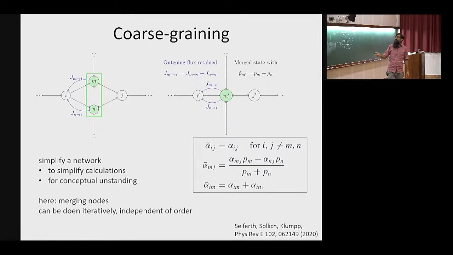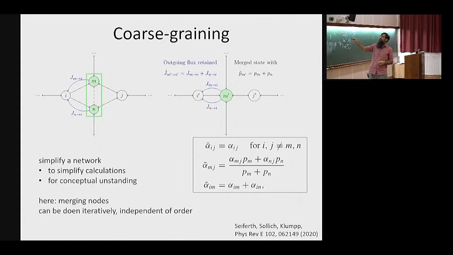The second condition is that if we merge 2 states, the probability of these 2 states should just be added up. If 2 states are merged, then the combined state should have just the sum of the 2 probabilities.